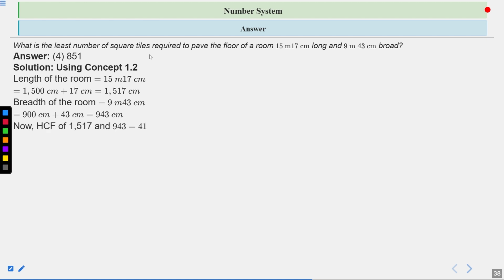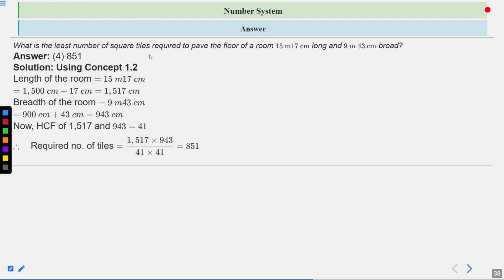Now we take the HCF of these numbers, because we need to calculate the number of square tiles. The HCF of 1517 and 943 is 41. Now we can divide.